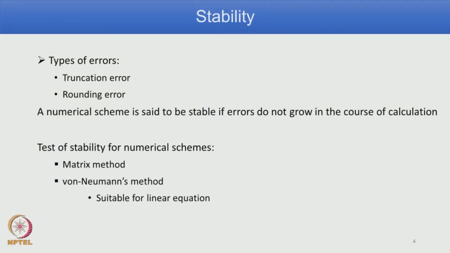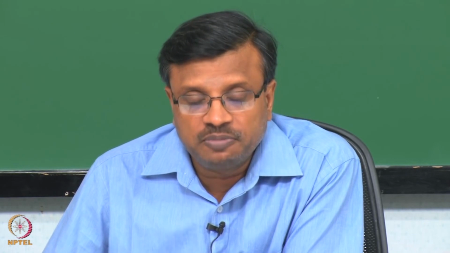As I mentioned last class, the von Neumann method is particularly suitable for linear equations, but most of the equations used for practical simulations are nonlinear in nature. Locally you can linearize and apply the von Neumann method. So, there is a limitation in applying the von Neumann method to a practical nonlinear problem.